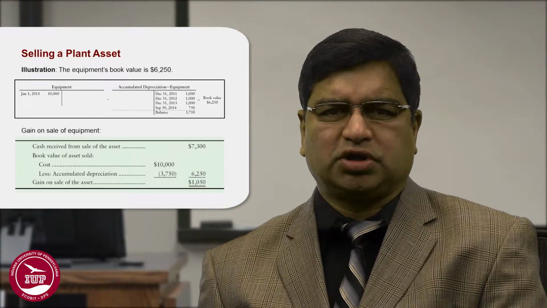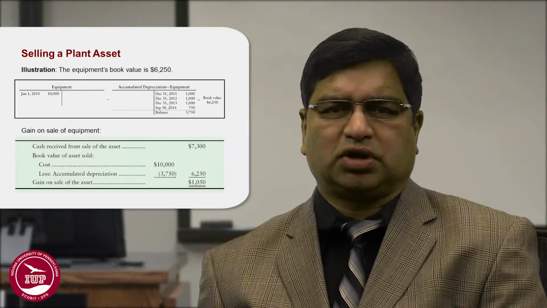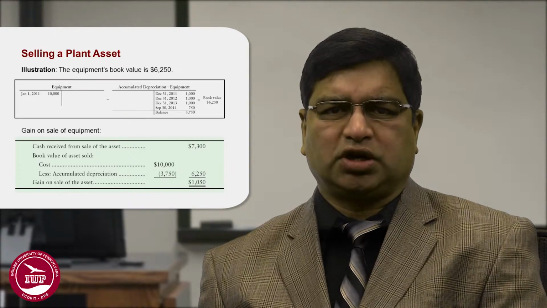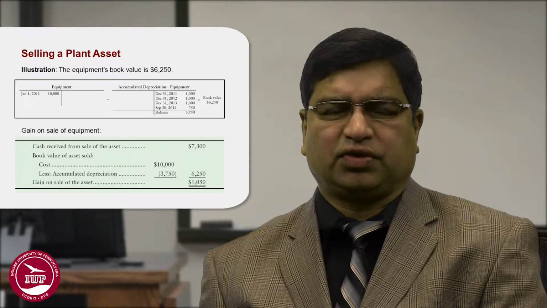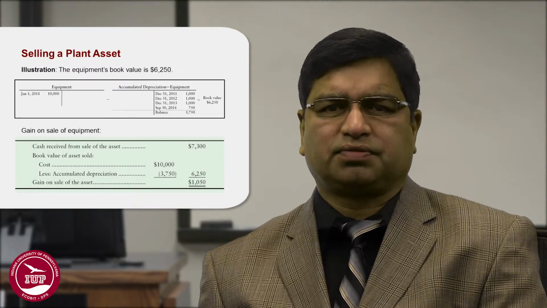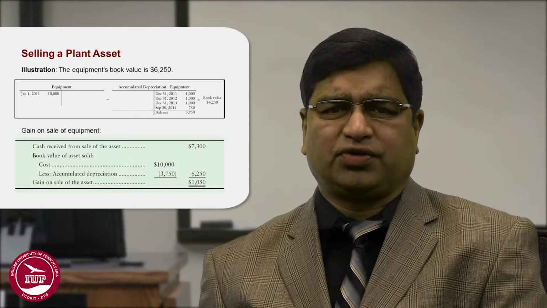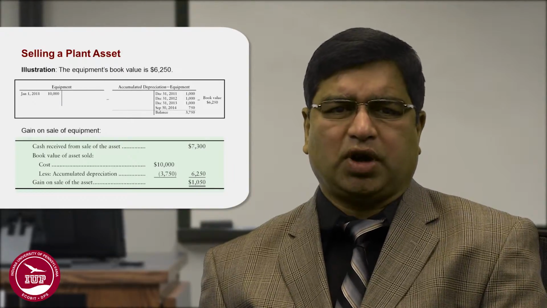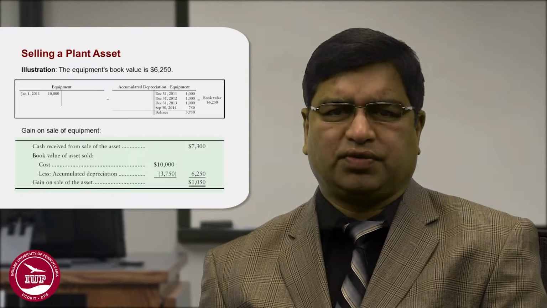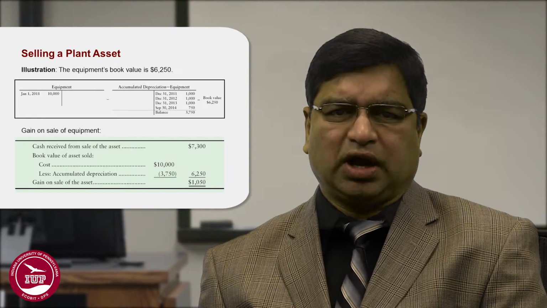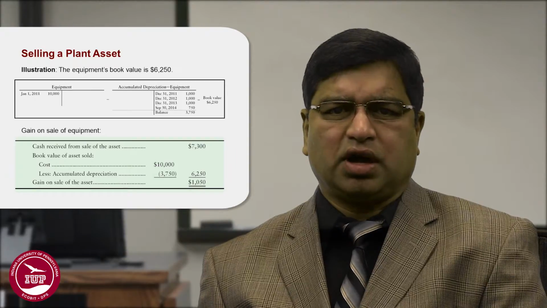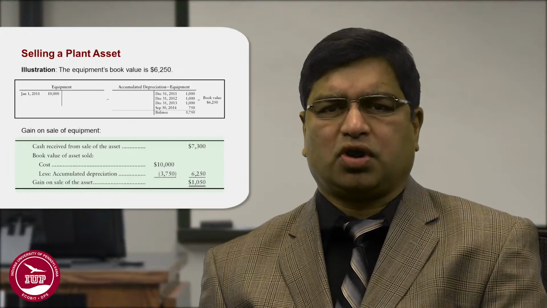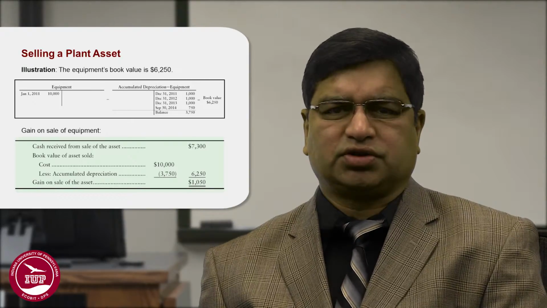Your accumulated depreciation from 2011, 2012, 2013, and 2014 is a total of $3,750, $1,000 every year, and $750 for the partial year in which the asset has been sold. It gives you the book value of $6,250. Since you sold the asset for $7,300, which is higher than the book value of $6,250, you have got a gain of $1,050.